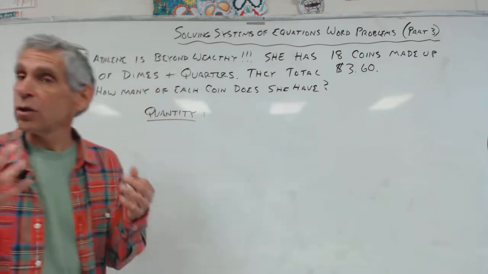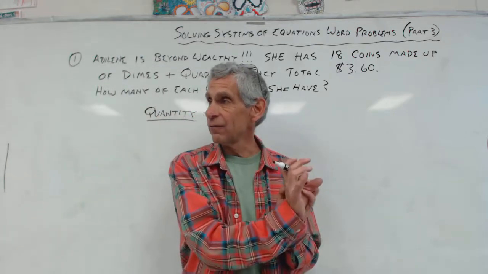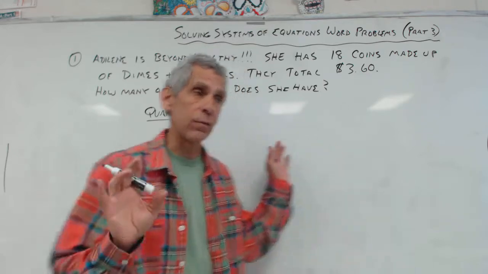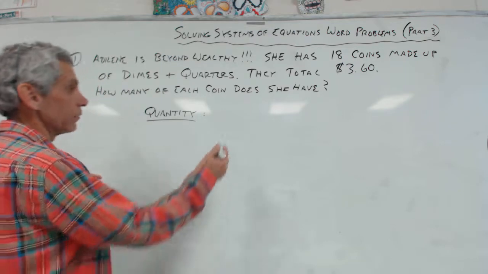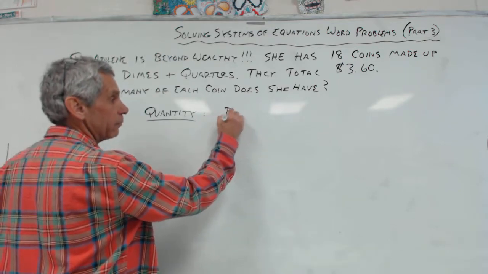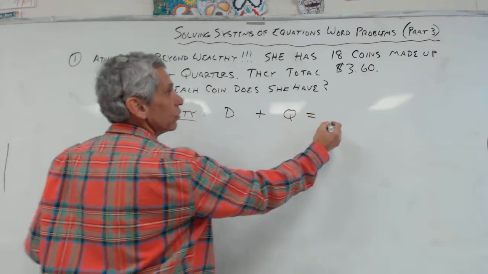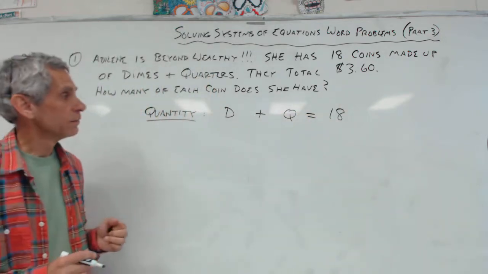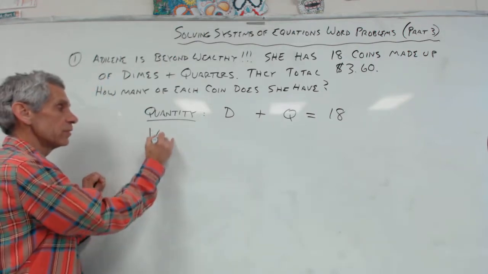So if you use Q and D and N for those, it's really easy. We don't need any nickels in this one, but I'm just explaining. So we have dimes plus quarters is equal to 18. Everybody see that one?